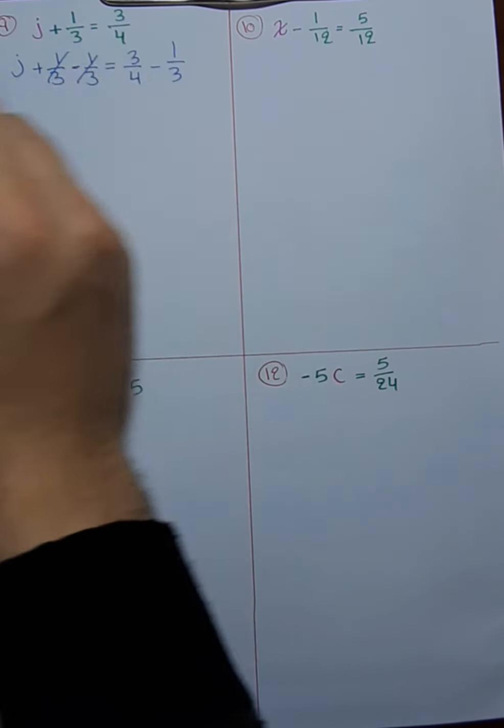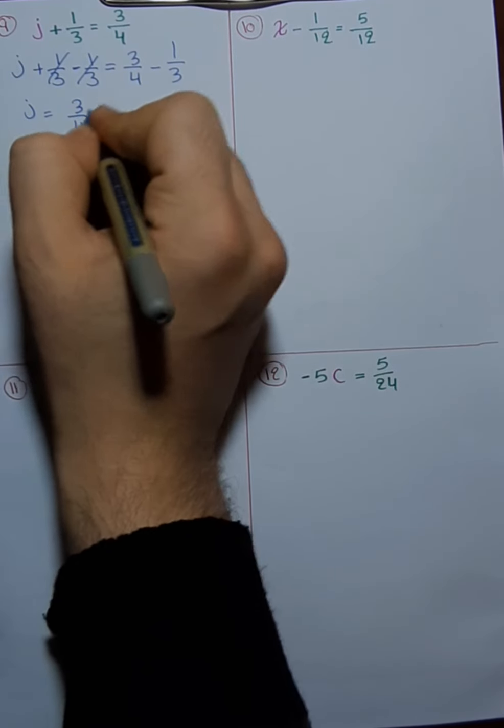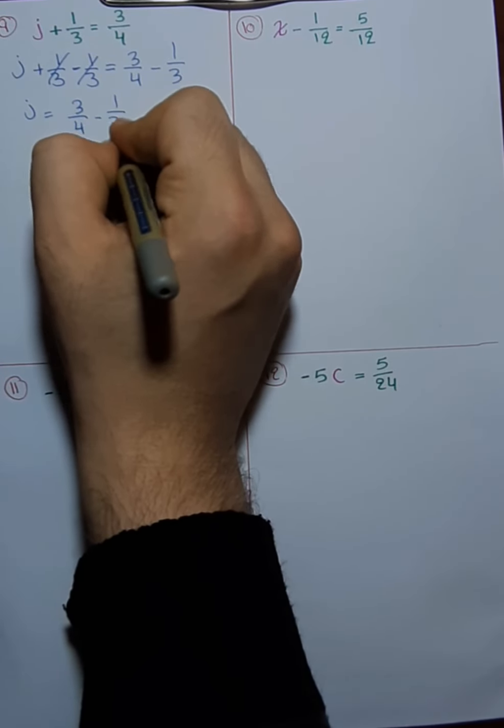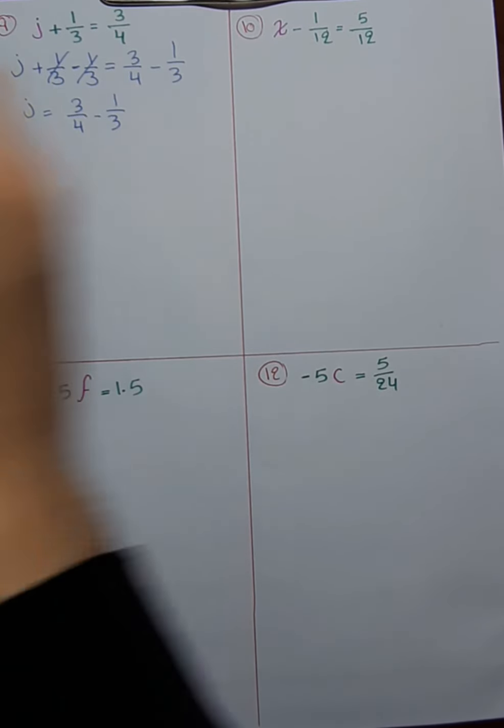These two fractions are reduced. J equal to 3 out of 4 minus 1 out of 3. We have different denominators. We have to find the least common multiple for 4 and 3. The least common multiple for 4 and 3 is 12.